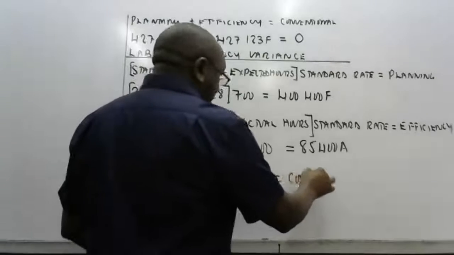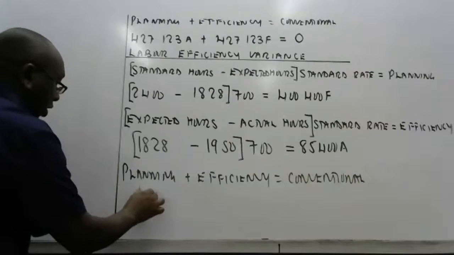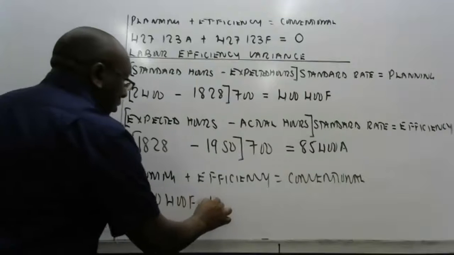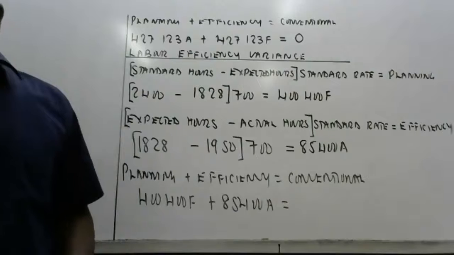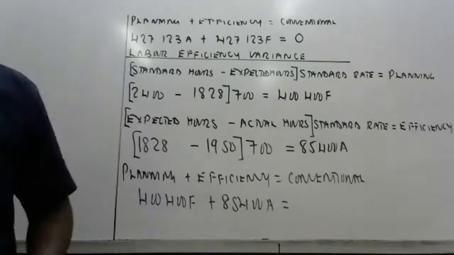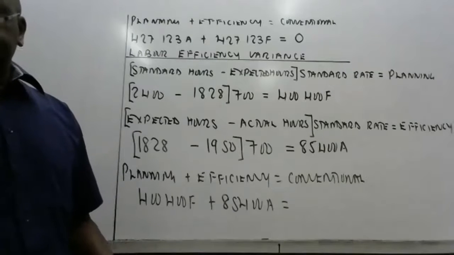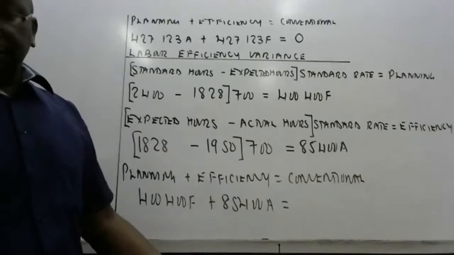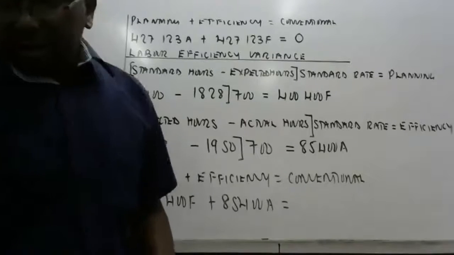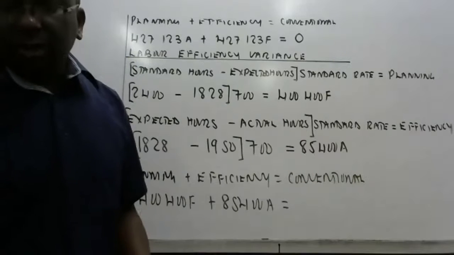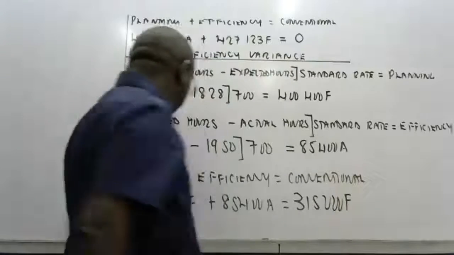So finally, I know that if I take planning plus efficiency, it should give me what we call conventional, the usual one. So this 400 favorable plus 85,400 adverse should be equal to what? Is it 3 or 2? 315,000 favorable.